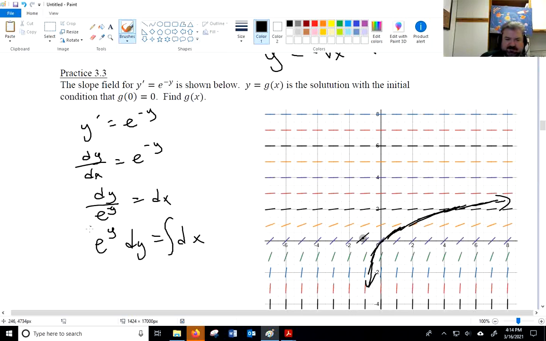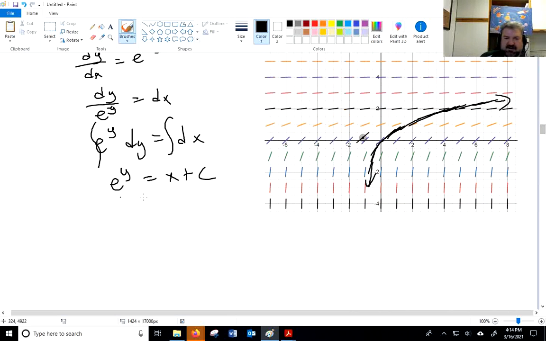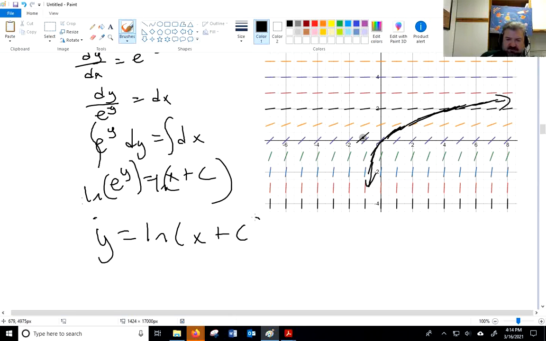Either way. The integral of e to the y is e to the y plus c. And the integral of dx is x plus c. So in this case, we're not getting natural log in our integral, but we're going to use natural log to get the y down. So it's going to be y is equal to the natural log of x plus c.